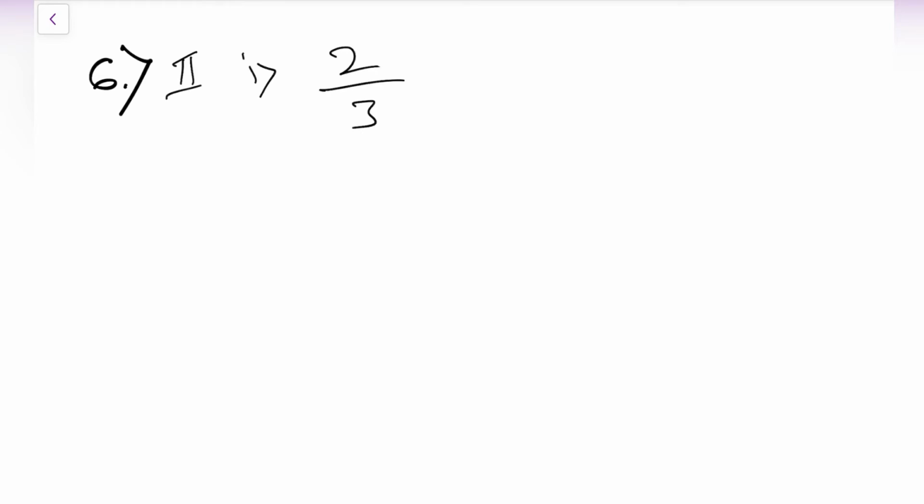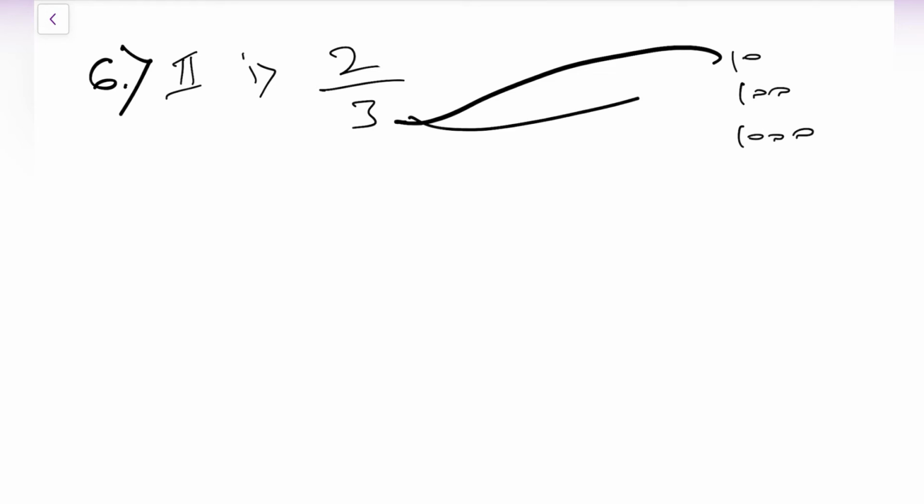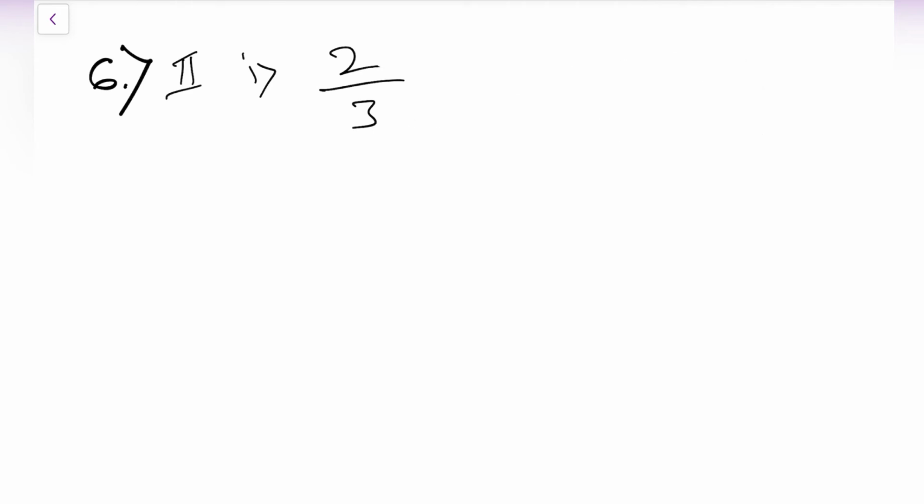Now if we check, in 3 table 10 won't come, 100 won't come, 1000 won't come, 10,000 won't come, 1 lakh won't come. So in these cases it is not possible to convert the denominators into numbers like 10, 100, 1000, 10,000. So in this case we have only one option, that is doing the long division.